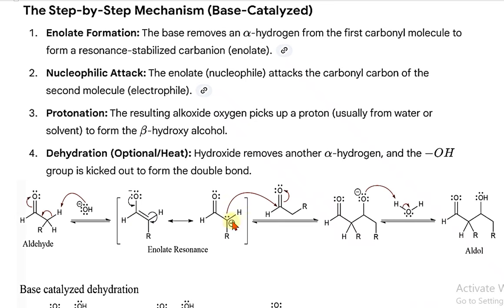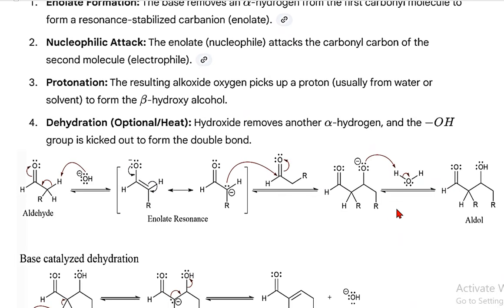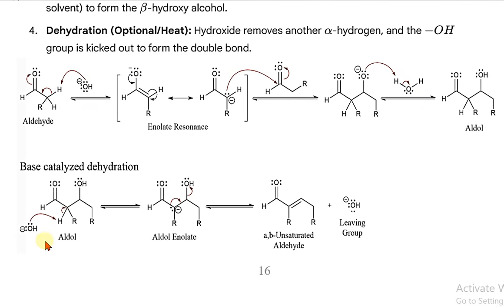Then the nucleophilic carbanion will attack the carbonyl carbon of the second molecule. The third step is protonation: the oxygen minus takes a proton from the solvent to give you the aldol.